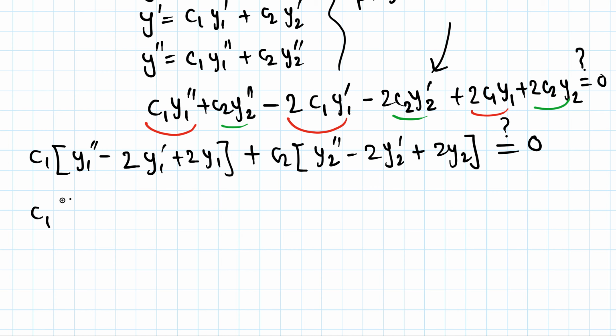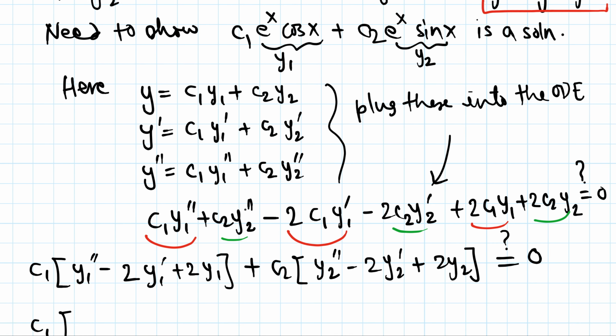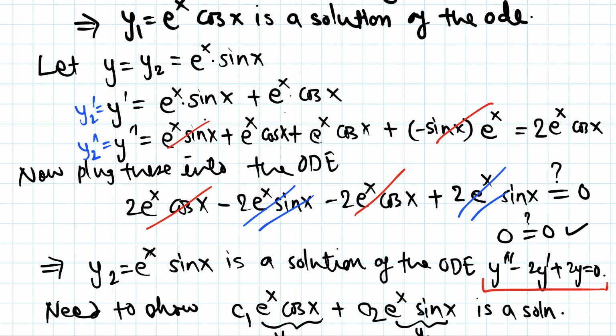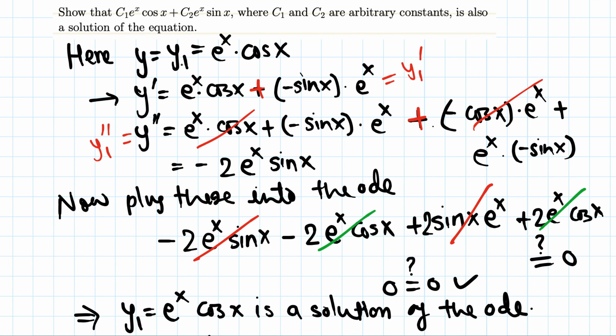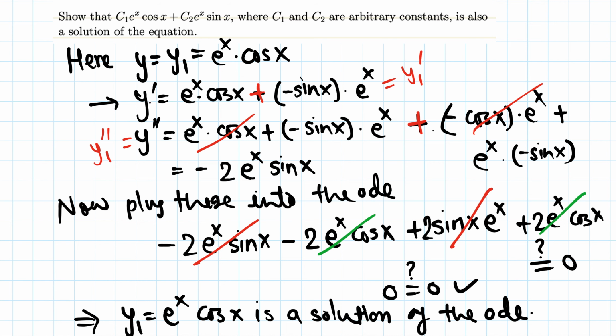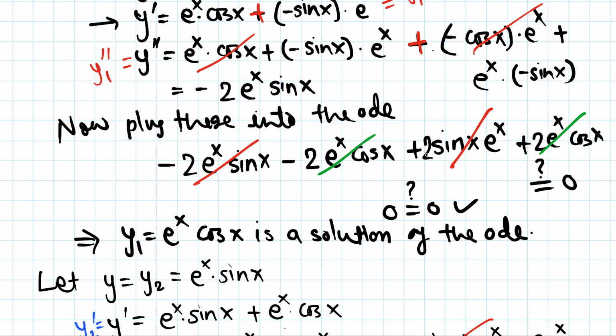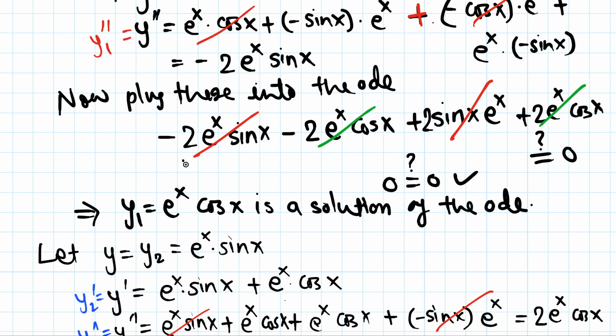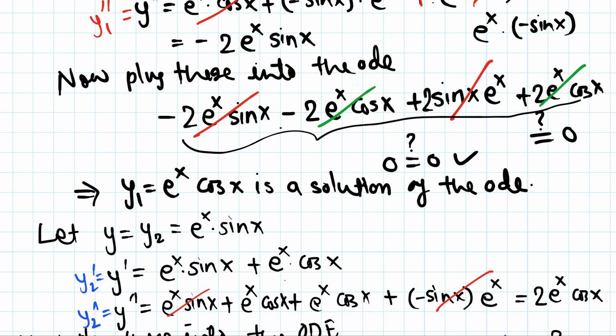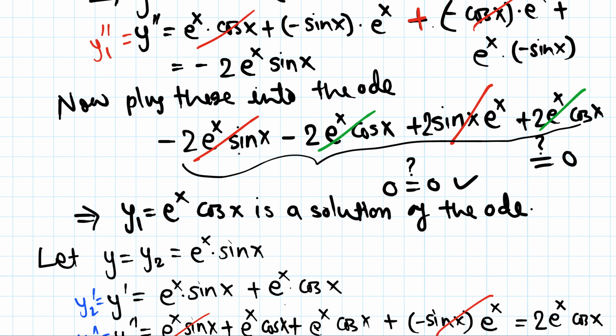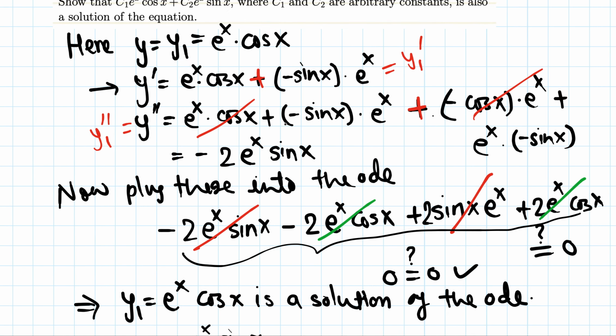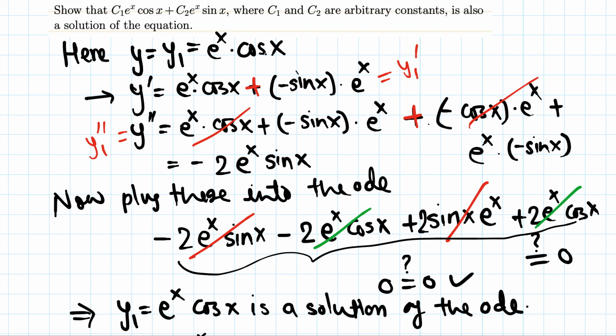So this is C1, so y1 double prime, let's do this work. So when we plug in y1, I mean this one is y1 prime, y2 prime, I mean that was this. Minus 2 e to the x sine x minus 2 e to the x cosine x plus this one, so essentially 0. Okay, when we had y1 e to the x cosine x, we found first derivative here and second derivative.